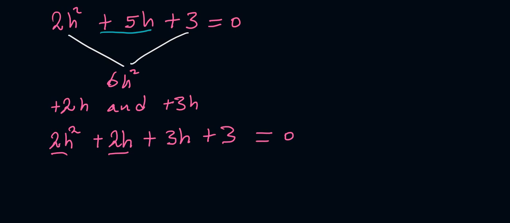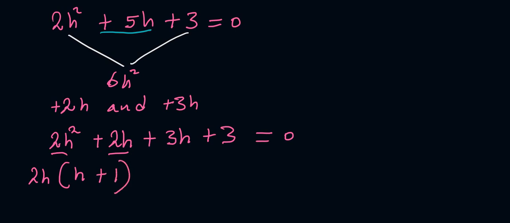So let's write it out here: 2h, open parenthesis. 2h squared divided by 2h is going to give us h. And 2h divided by 2h is going to give us 1.